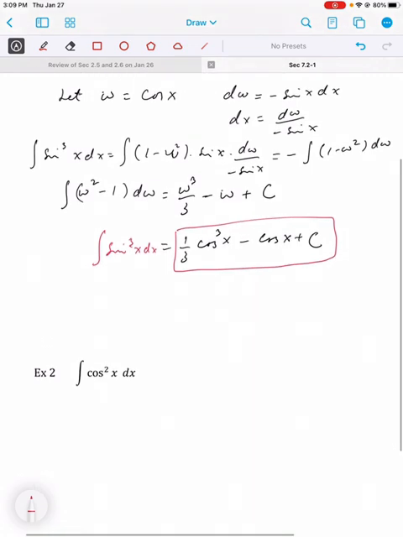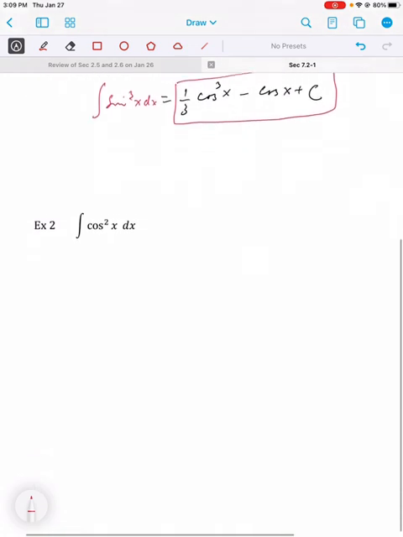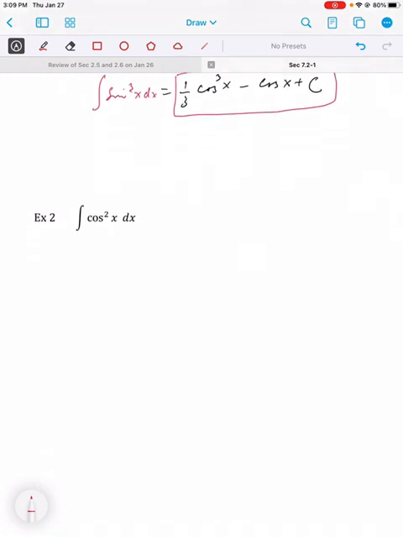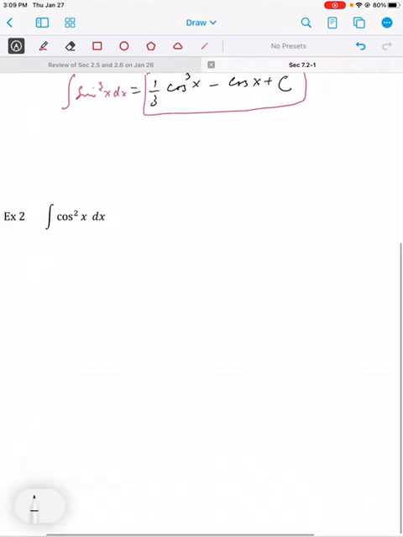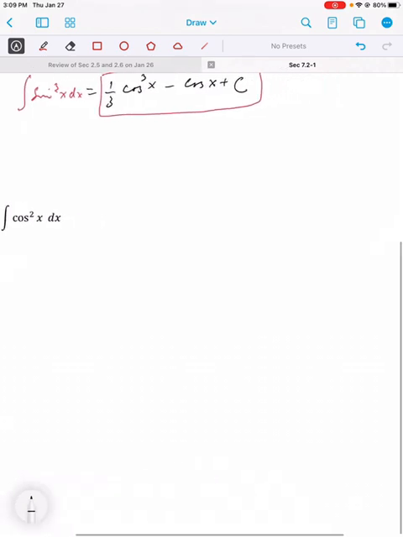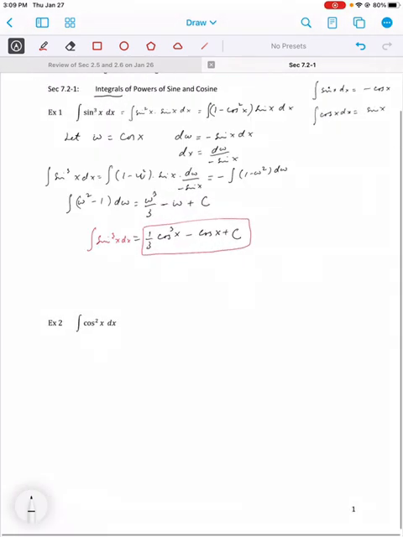Next example, we are going to look at cosine square x. So what happens when we have an even power? For that, you have to recall the formula, I think it's called the half angle formula. If you recall from your pre-calculus, actually we can start with the double angle cosine of 2x.